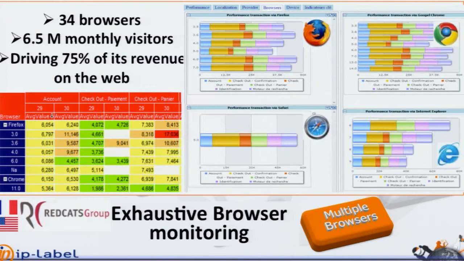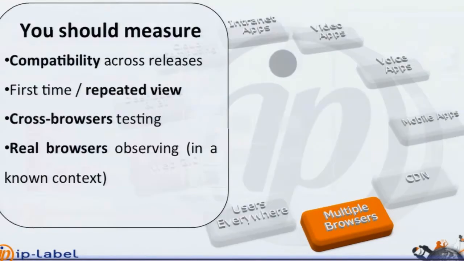Thanks to real user monitoring, they can identify really quickly, for each browser and each version, if there is a lag in the response time, or a difference between releases. Because from one release to another, sometimes a browser or a specific version in a specific context will show a really slow response time, like this example.